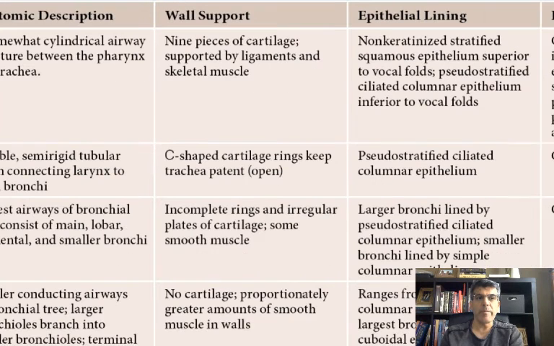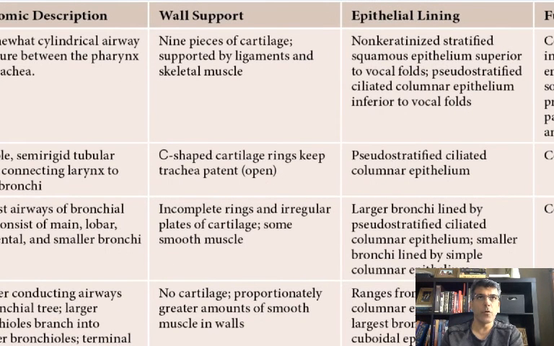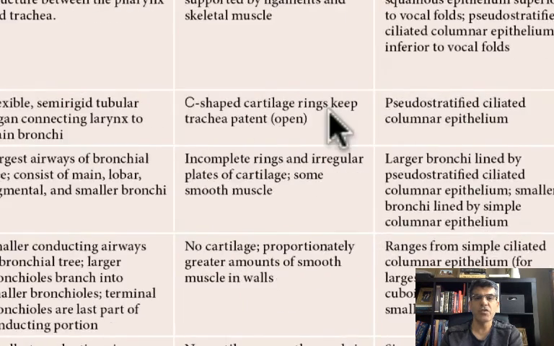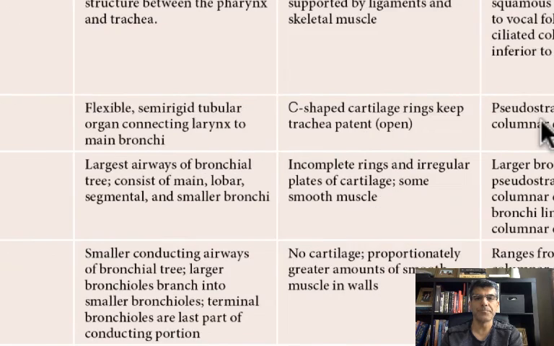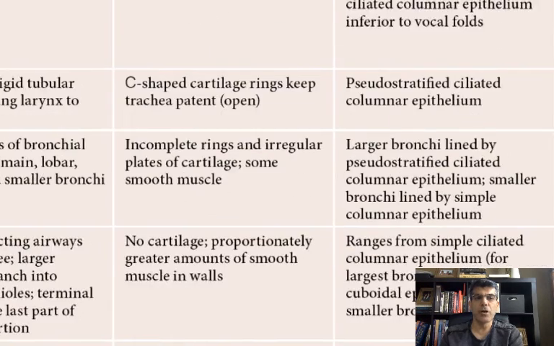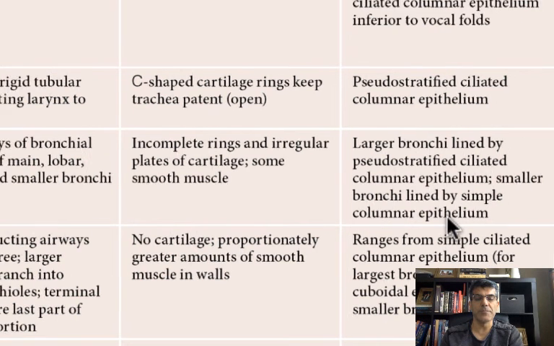Larynx. Remember we said the larynx is divided into two portions, above the vocal cord and below the vocal cord. Above the vocal cord is non-keratinized stratified squamous. When we go below the vocal cord, we're going to have pseudostratified ciliated columnar. Trachea has pseudostratified ciliated columnar. When we get to the bronchus, the larger bronchi, primary and secondary, are lined by pseudostratified ciliated columnar. The smaller ones are lined by simple columnar epithelium.